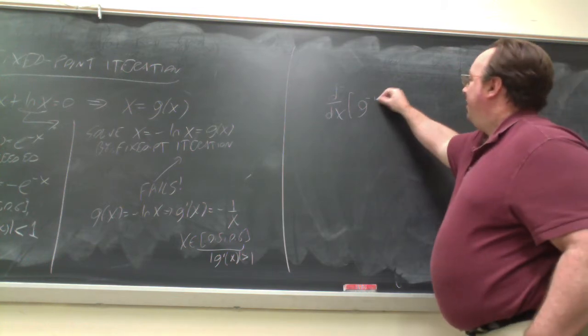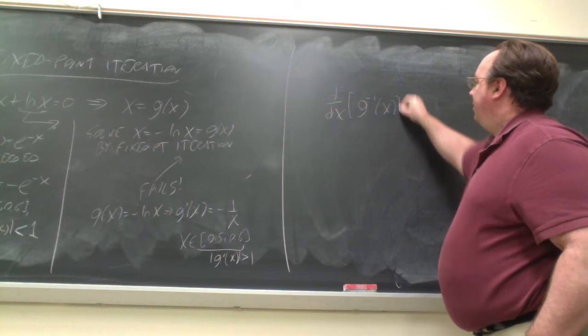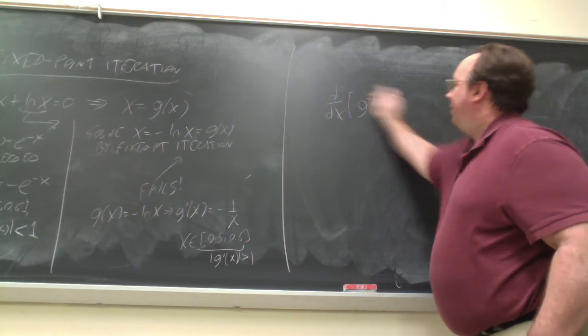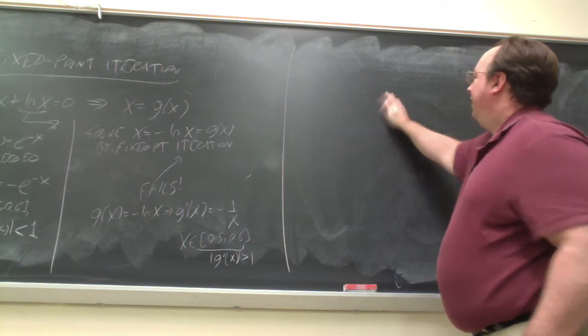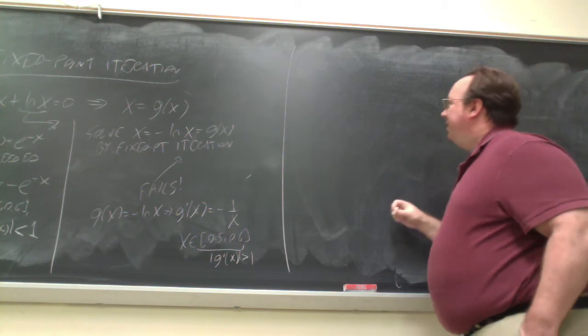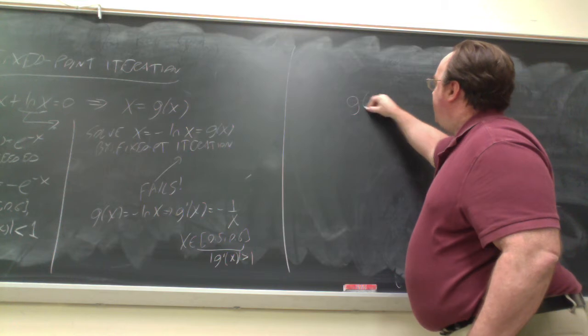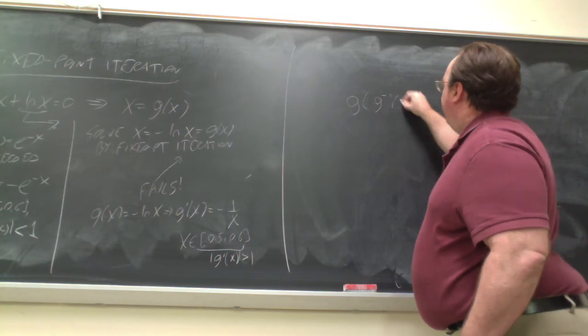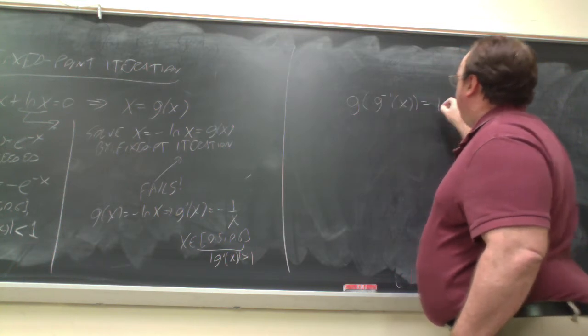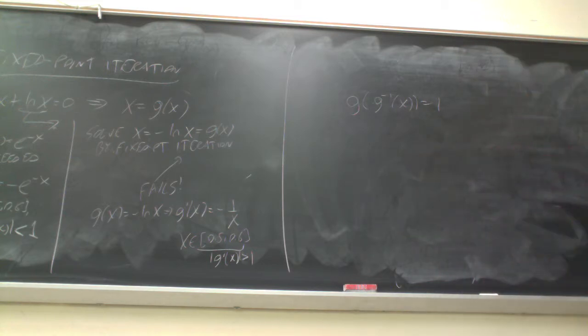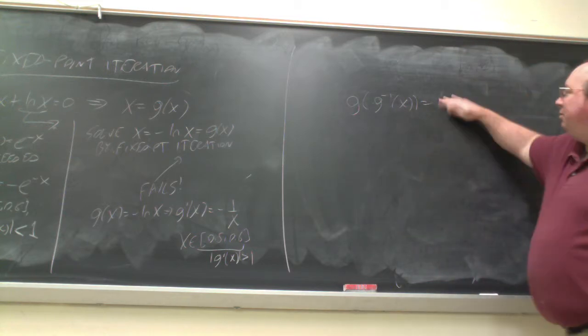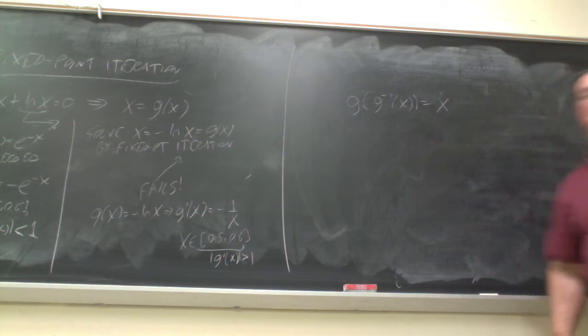Actually, just for fun, I'm not going to just write it down, I'm going to derive it. So g of g inverse of x is equal to, so g and the inverse cancel each other out, it's equal to x.